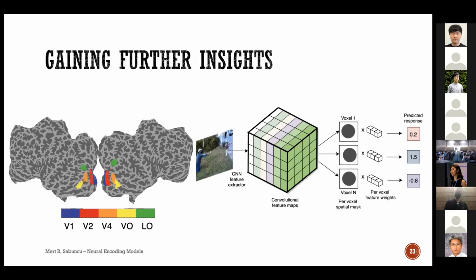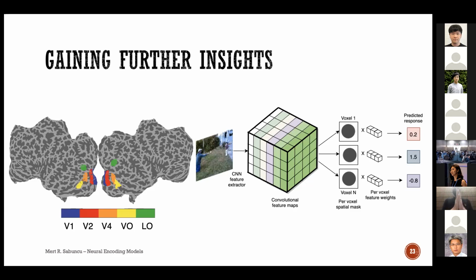Okay, so one final thing that I want to highlight or talk a little bit about is that more recently we were really interested in whether we can do other things with our neural encoding models to gain further insights into how brains function. Okay, I talked about attention. I talked about individualizing these models and using them as synthetic experimenters.